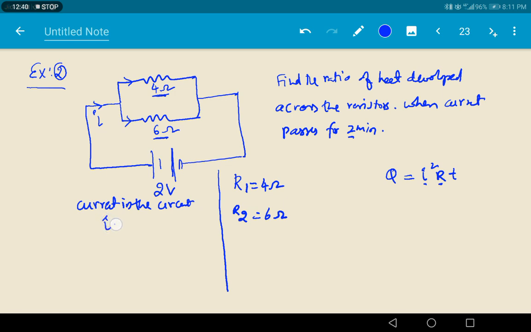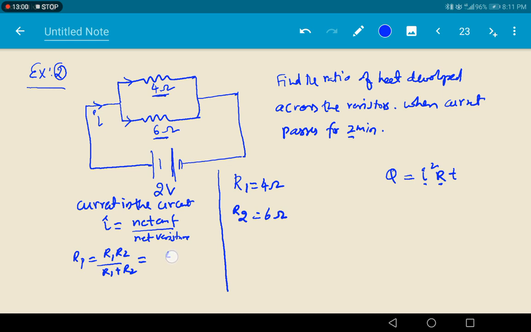To find the net current in the circuit, we can write I equals net EMF by net resistance. Which combination are they? Net resistance in parallel: we can write R1 R2 by R1 plus R2.